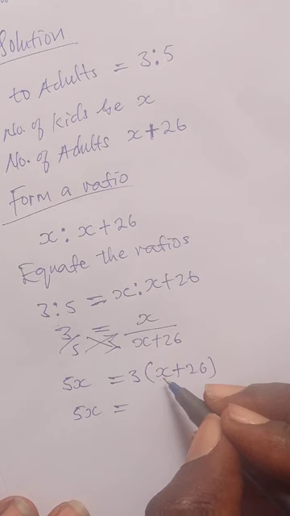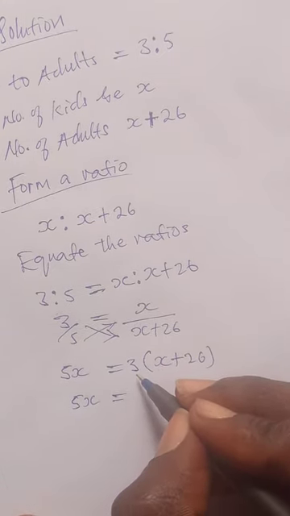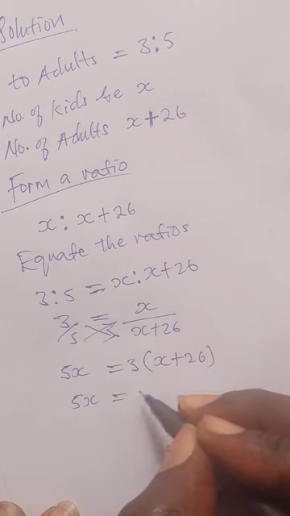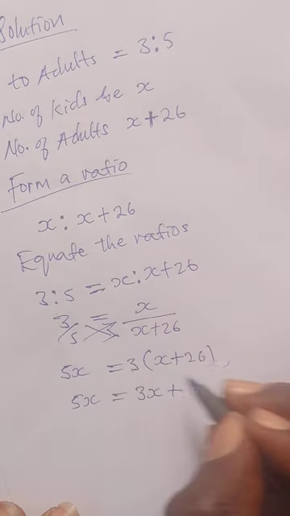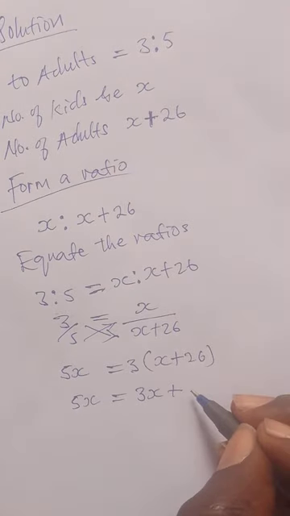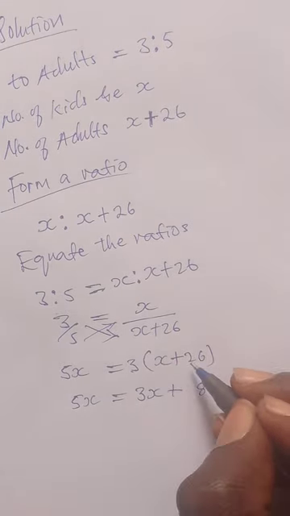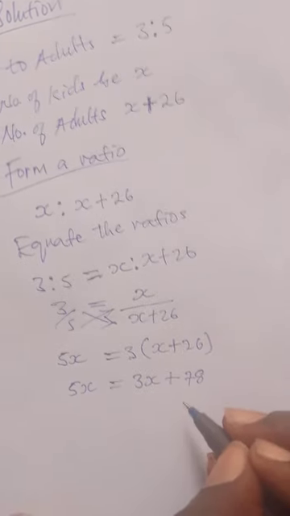We want to multiply every factor inside the bracket by the outside number 3. So 3 multiplied by x is 3x, plus 3 multiplied by 26. This is how we do it. 3 times 6 is 18, put 8, carry 1. And 3 times 2 is 6 plus the 1, 7. So 3 times 26 is 78.